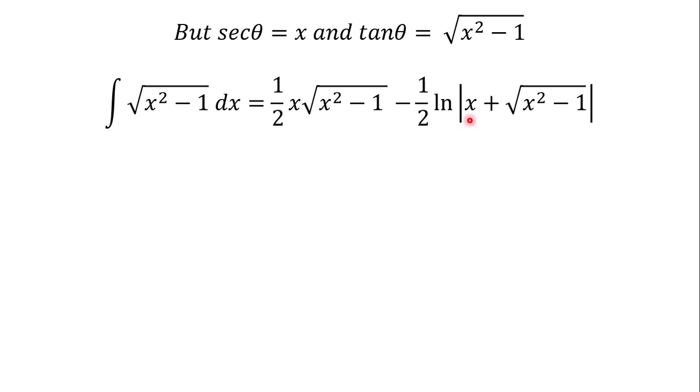Secant is x here, plus tangent, which is equal to this one here. So the answer to this integral question is 1 over 2 x multiplied by square root of x squared minus 1, minus 1 over 2 natural log absolute value of x plus square root of x squared minus 1. But you know the law, we are not done, so let's add our plus c to complete everything.